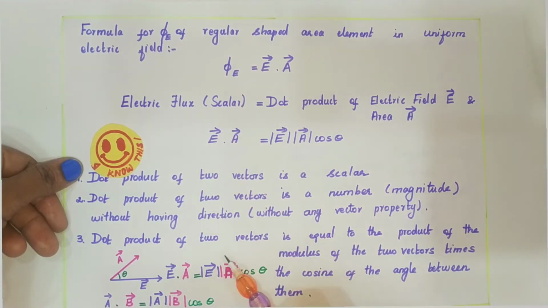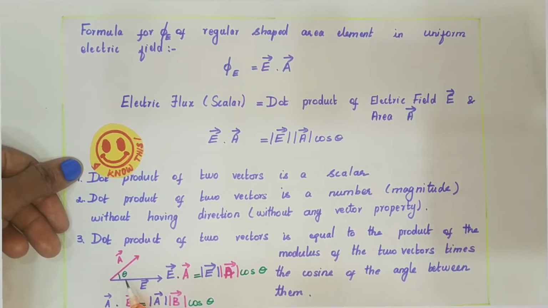And the dot product of two vectors is equal to the modulus of the two vectors times the cosine of the angle between them. If the vectors are A vector and B vector, the result is mod A vector mod B vector cos theta.